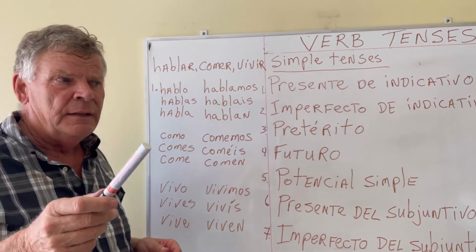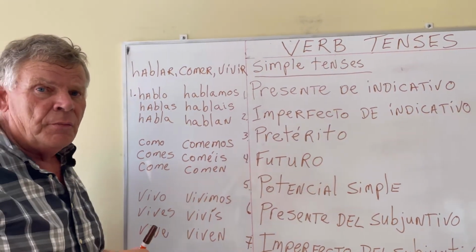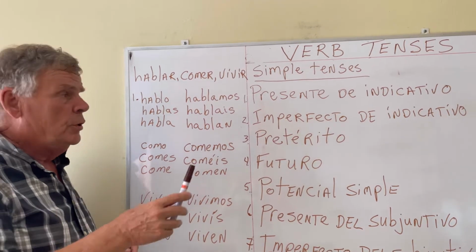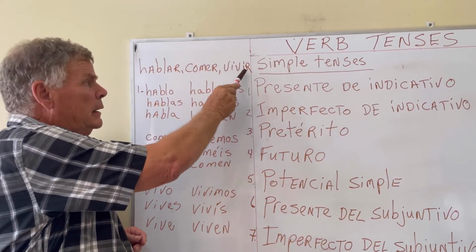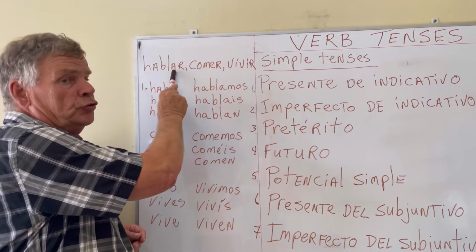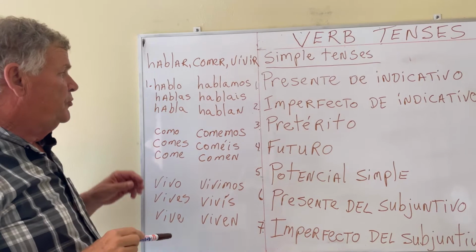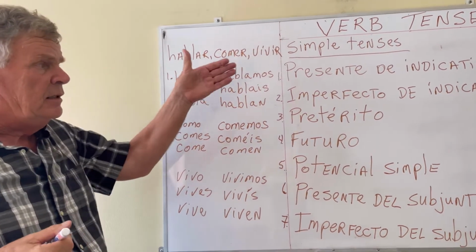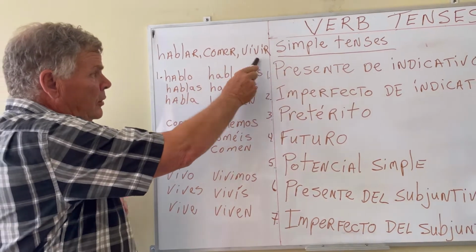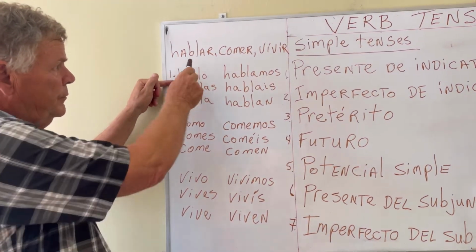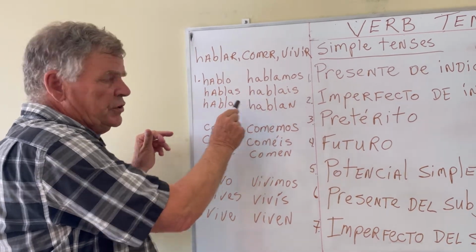Okay, so in the presente del indicativo, the present indicative. Now you remember in a previous video we talked about verbs ending with AR, ER, IR, right? To speak or to talk, to eat, to live, right? So here we are in the present of the indicative in all 3. Yo, tú, él, nosotros, vosotros, ellos, right?